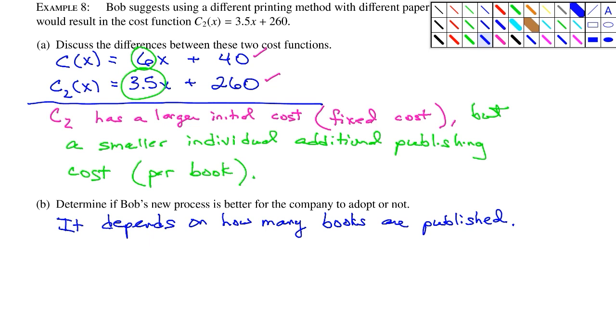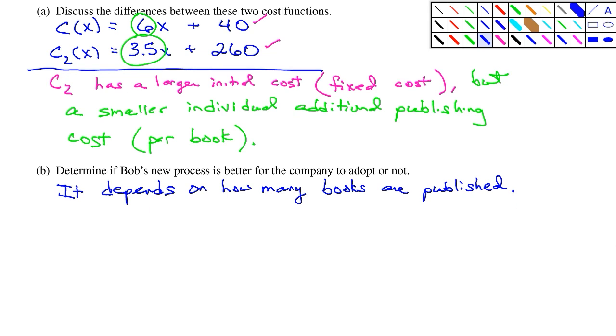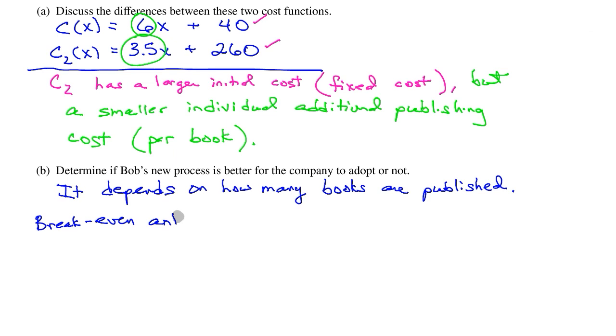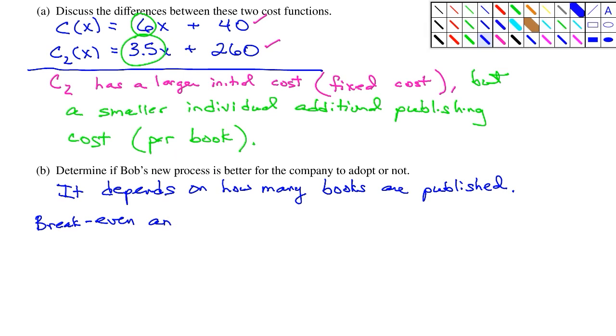So what we want to do here is called a break-even analysis. It's similar, but just slightly different from the other break-even analyses that we've done already, but it's basically the same idea. The break-even analysis in this case is going to determine how many books we can publish and have the exact same cost value, even though I'm using two different functions.